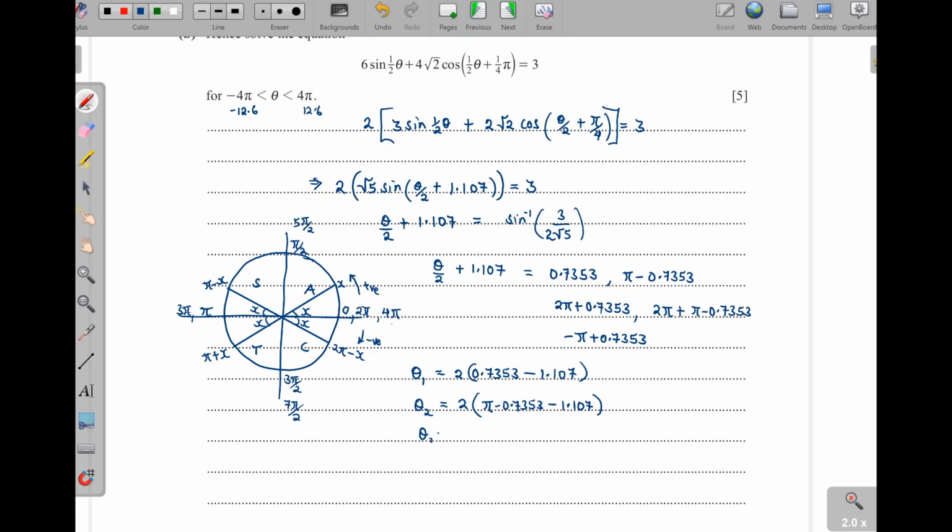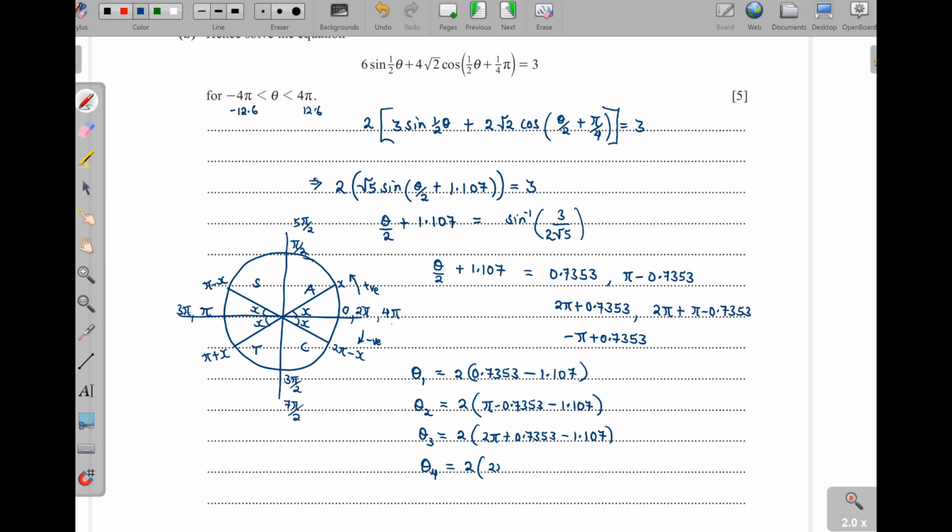Maybe the third one here is going to be again twice. Now we have this one here. That is 2 pi plus the 0.7353, subtract the 1.107, and then times the 2. Then maybe theta 4. We are going to have this one here.